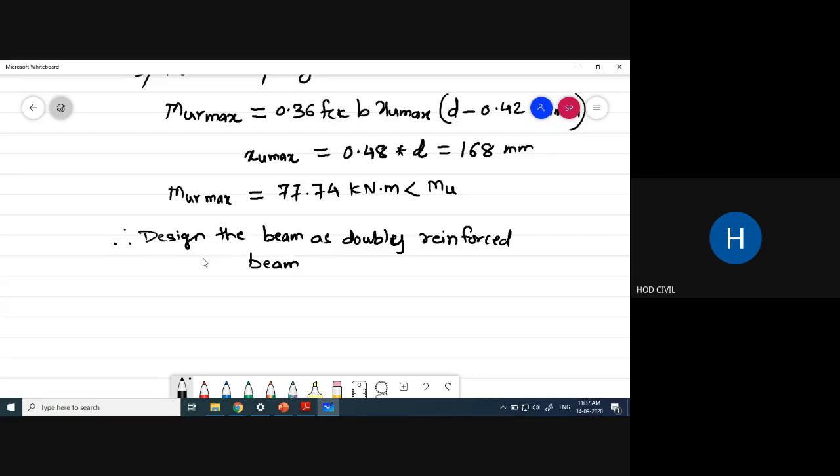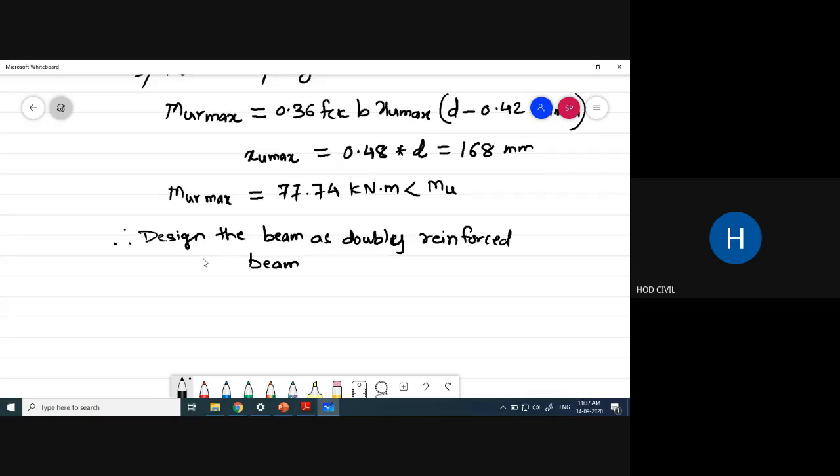If you consider the Mu R max value and Mu value, our Mu R max value is less than Mu value. So total Mu is to be resisted by two parts, that is Mu1 plus Mu2. And we have already the Mu R max value, which we have to consider as Mu1 here.